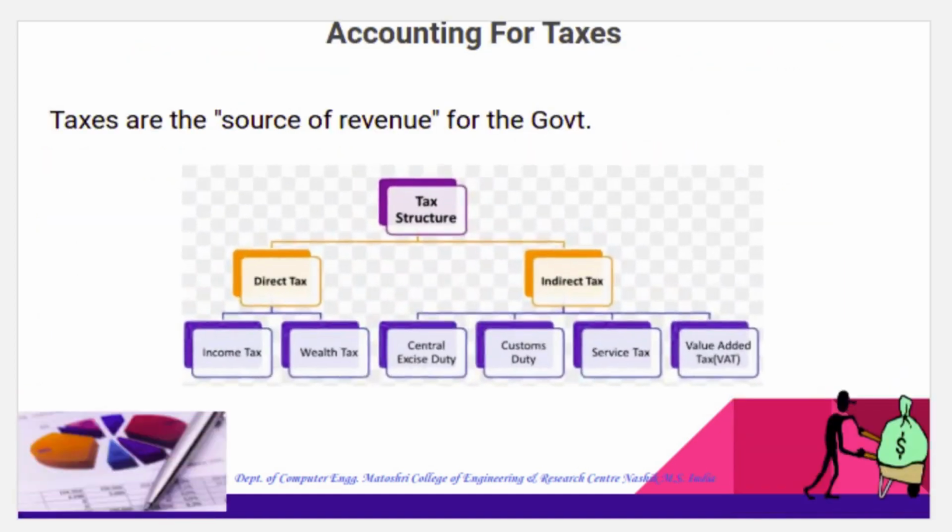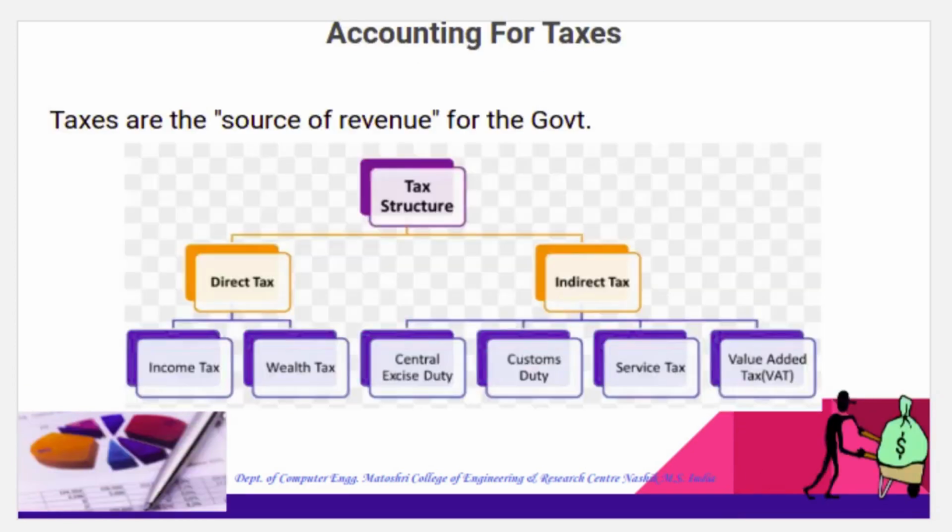The finance minister is head and in charge of tax collected for the central government. There are two types of taxes from the point of view of collection and authority: central government taxes and state government taxes.